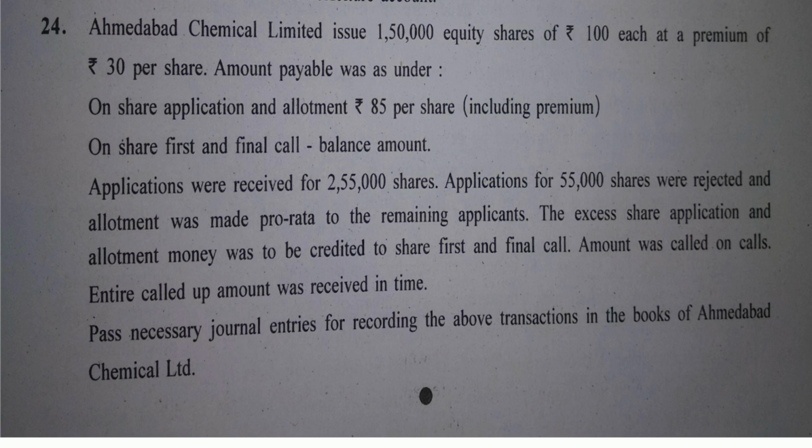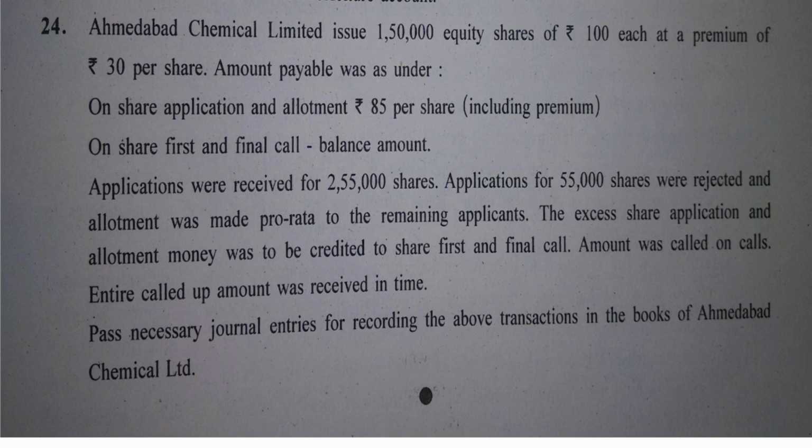So here 30 rupees is of premium and the remaining amount is of application and allotment. On share first and final call, balance amount, the remaining amount. Out of 85, if 30 rupees is of premium, then obviously 55 rupees is of share price.